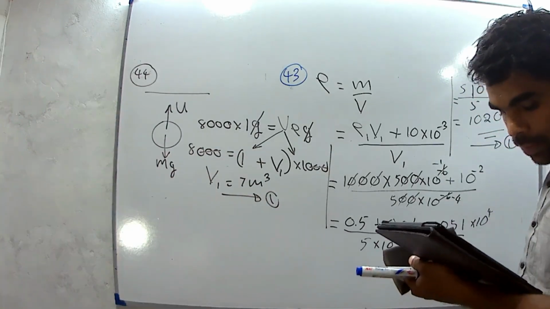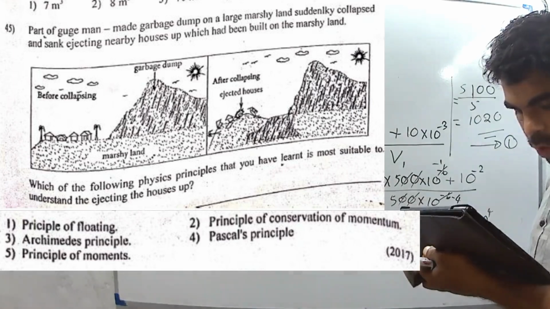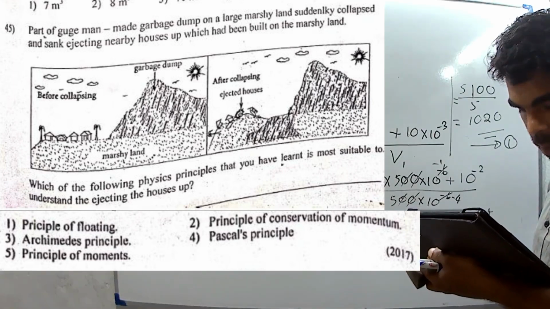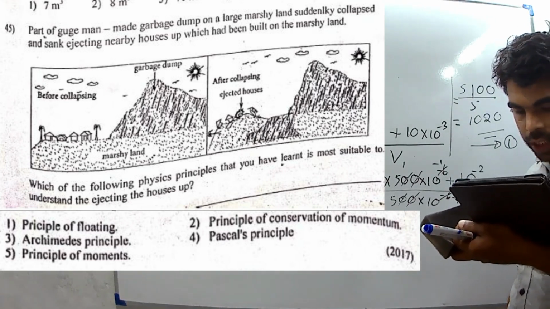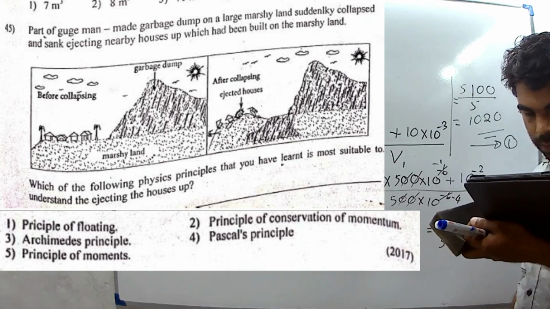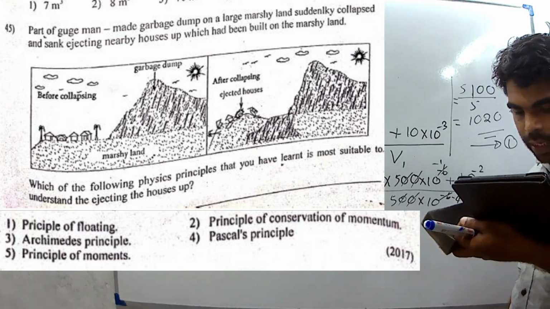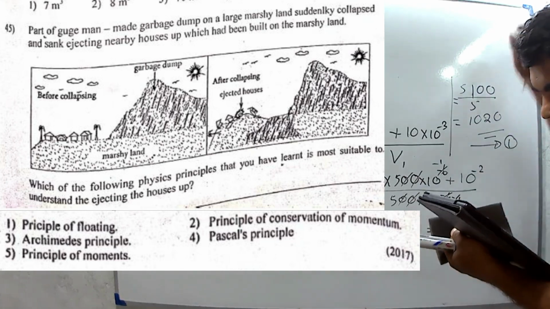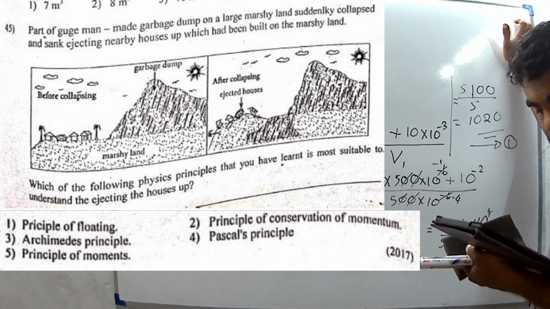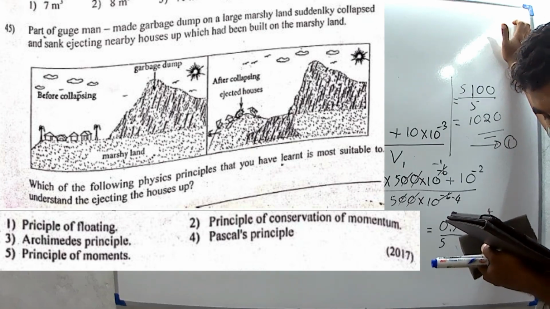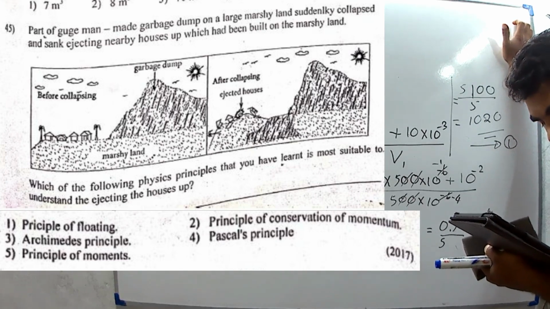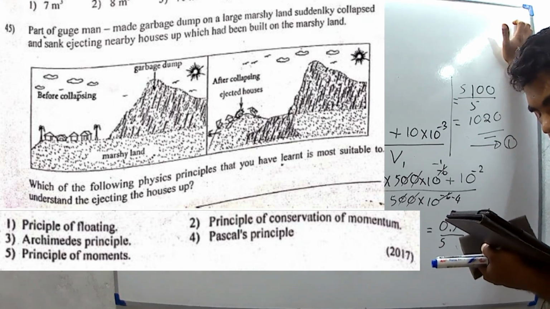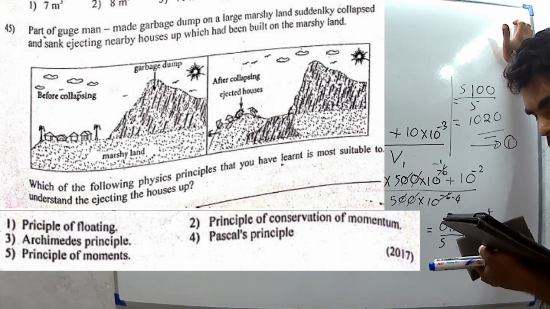Then 45. Part of a huge man-made garbage dump on a large marshy land suddenly collapsed and sank, ejecting nearby houses up, which had been built on the marshy land.